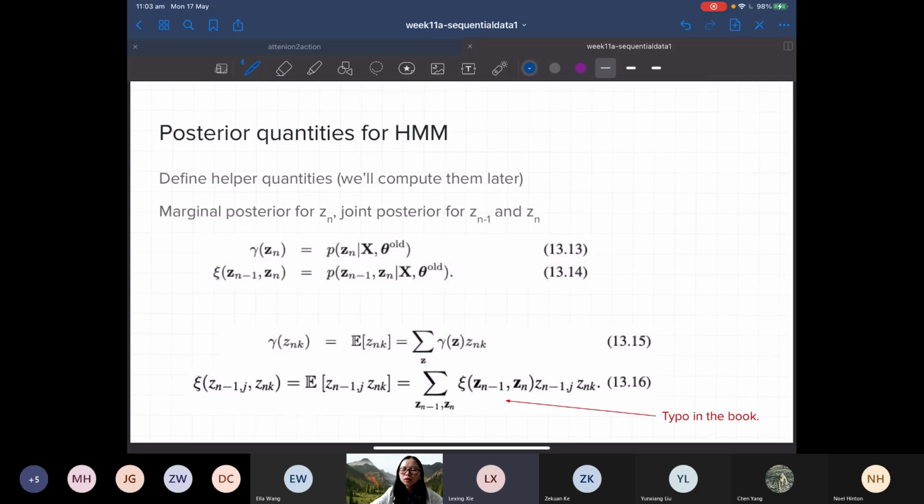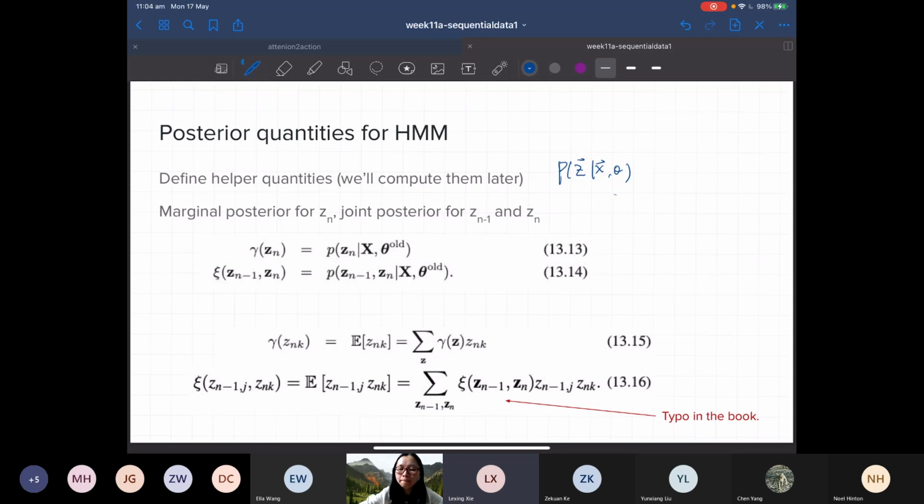So now we define helper quantities that we want to learn how to compute next time. This P of Z, the vector Z given X and theta, is still too complex, right? It's the probability of the whole sequence. It's a joint probability.